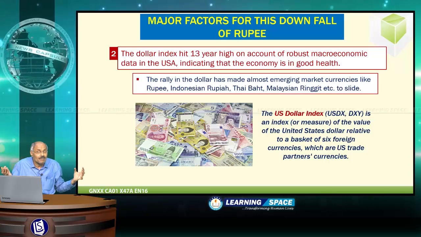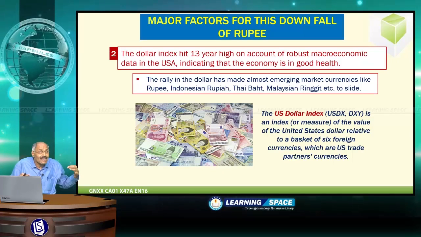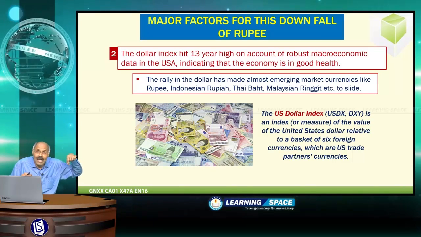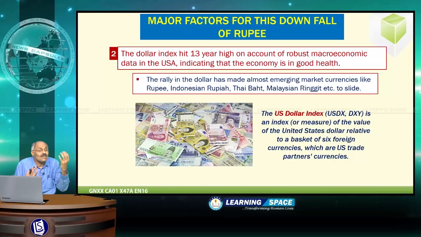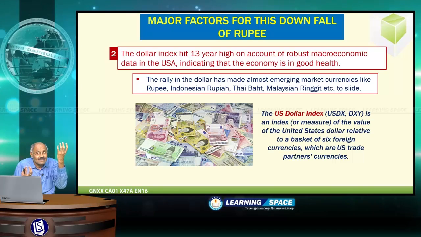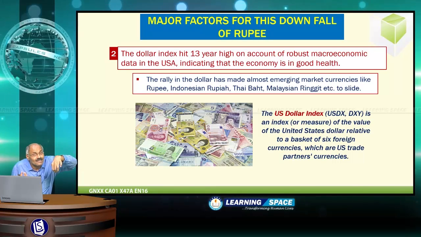You may ask, what is meant by dollar index? Dollar index is the index of the value of the United States dollar with reference to 6 foreign currencies which are US trade partners.